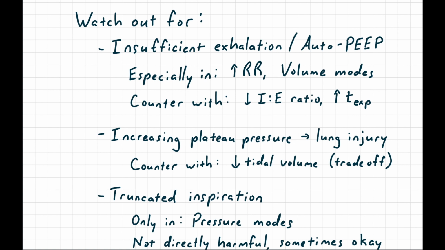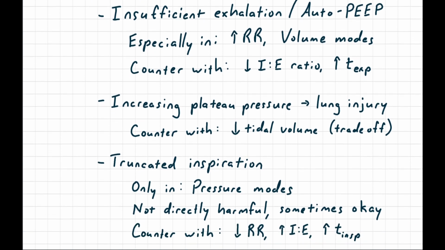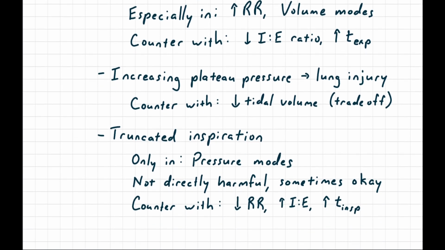You can try to prevent this by decreasing your I/E ratio, or, equivalently, increasing your expiratory time. And you monitor for this by making sure that the expiratory flow curve reaches zero before the next breath is triggered.